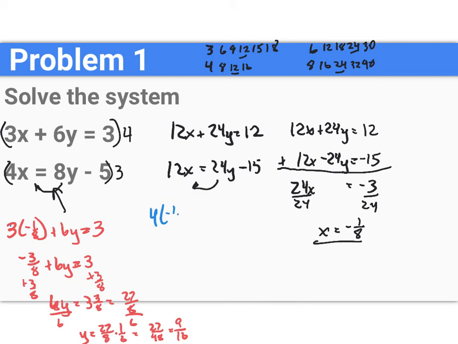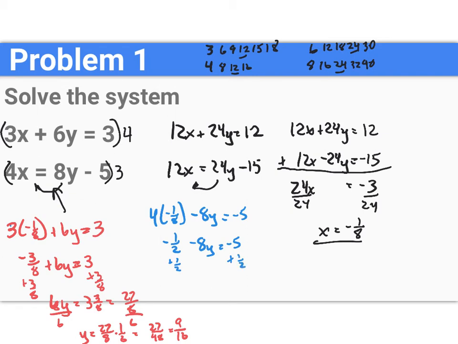4 times negative 1 over 8 minus 8y equals negative 5. Negative 4 over 8 is negative 1/2. So I just did that fraction math real quick. Adding a half to both sides.